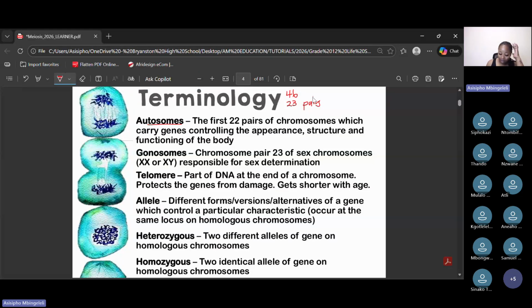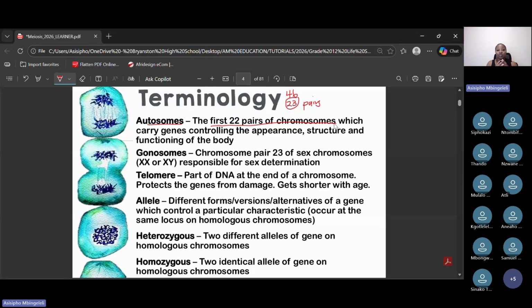But when we look at the chromosomes in pairs now, and remember, if it's a pair, that means this one is from the mother, this one is from the father. That is pair number 1. Same with pair number 2, same with pair number 3, and they make up the 23 pairs. Now, from the 23 pairs, the first 22 pairs of chromosomes are called autosomes.